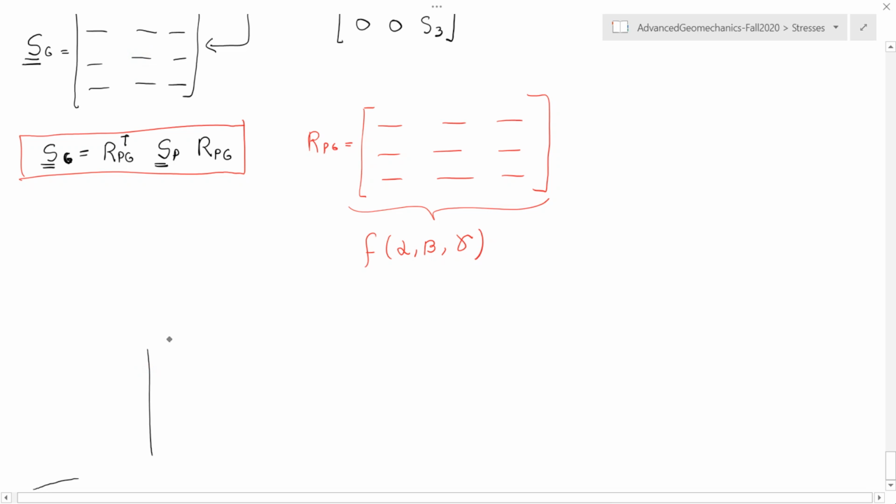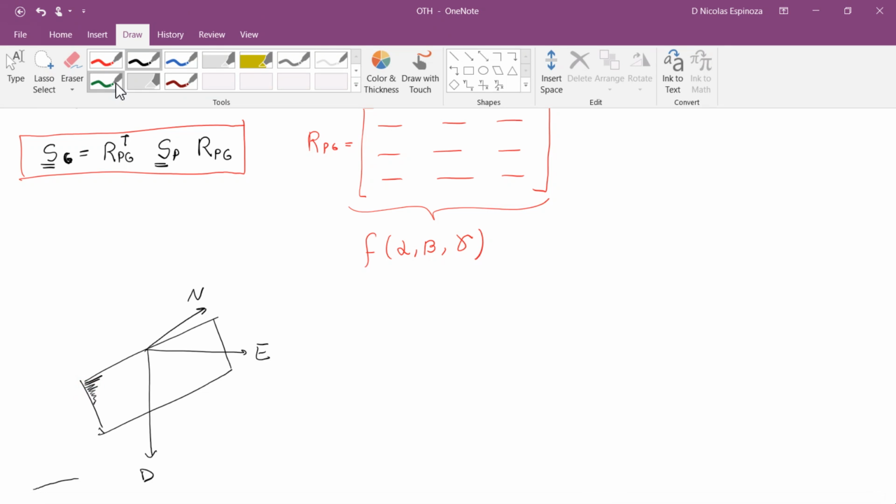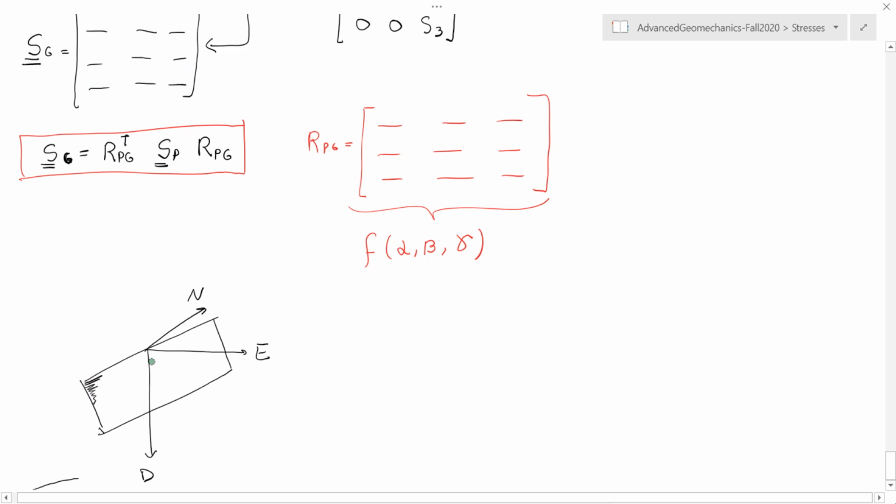With the same coordinate system I used before, north, east, and down, if I had a fault which is oriented within that three-dimensional space, then here we said we define along the dip on the plane of the fault.